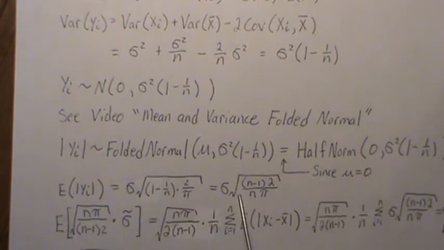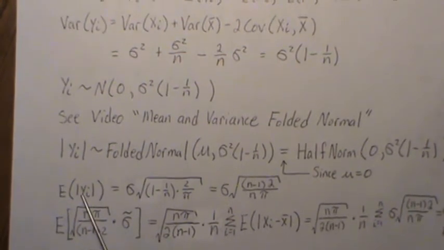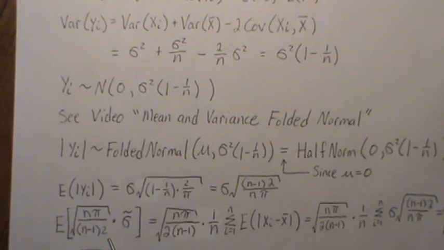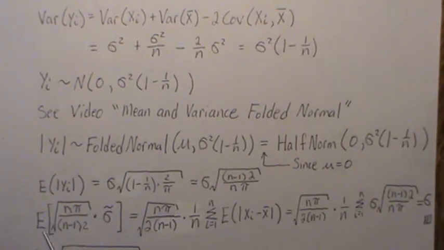And this expression is 100% derived in both of these videos. Now, since this is a constant times sigma, we can take the reciprocal of this times the sample mean deviation, which is what we do here, to create an unbiased estimate. So the mean of this, now this is a constant, so it comes out front, and then the expected value goes into the sample mean deviation, into this.